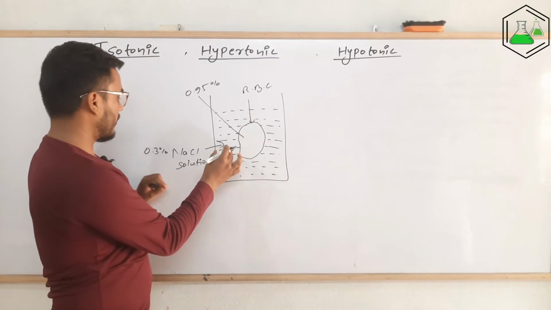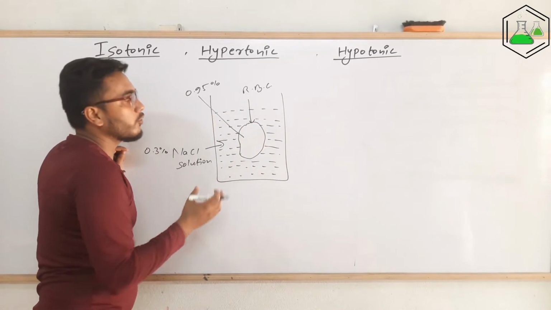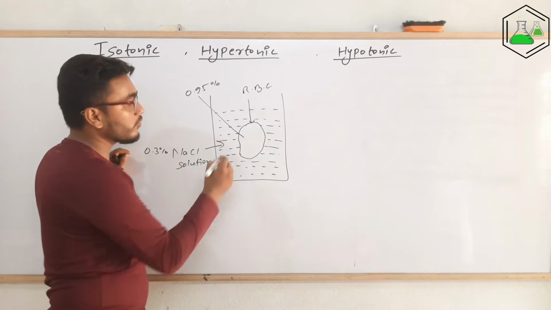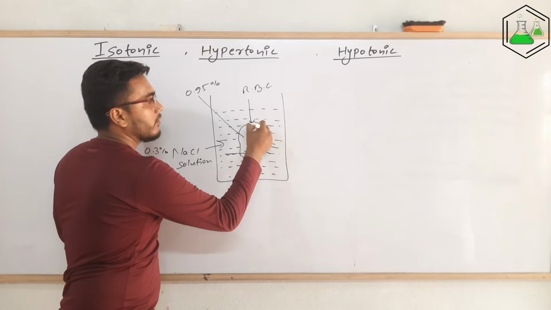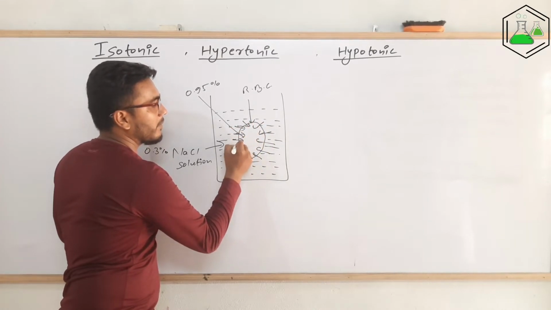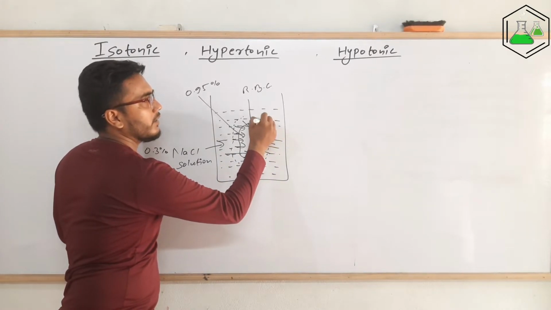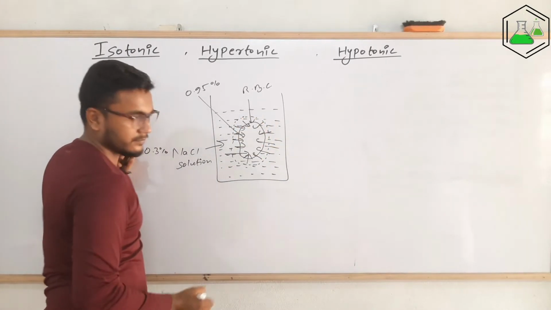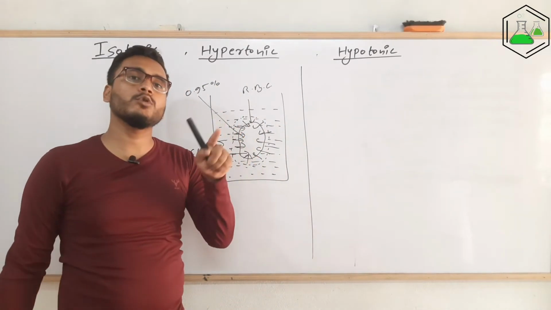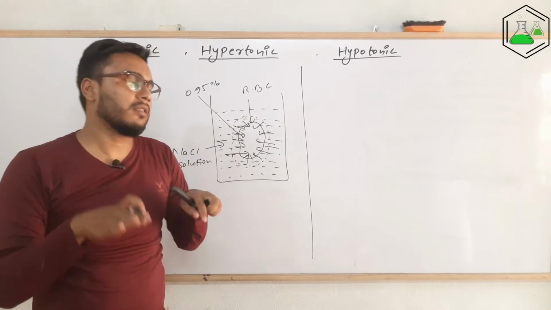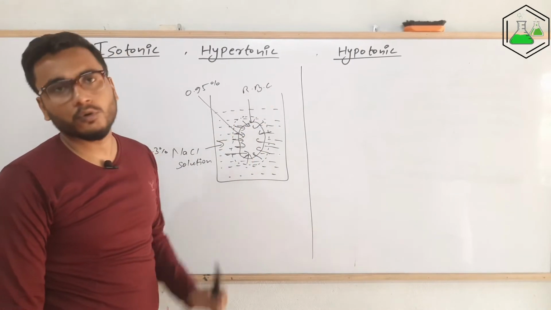Obviously there will be less amount of solute in that solution, and more amount of solute in the test solution, and due to osmosis, water molecules will start to get in from all directions through the semi-permeable membrane, and as a result of that, the size of this RBC will increase. That means it will swell, right? Now in this case, this outside solution is called the hypotonic solution. Hypo means less concentrated solution than the test solution.